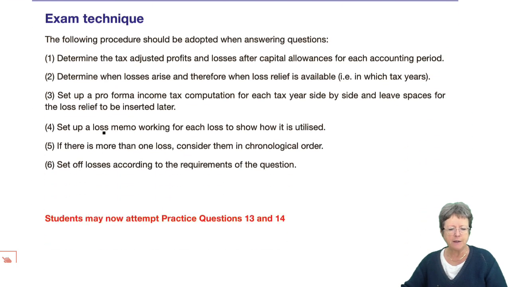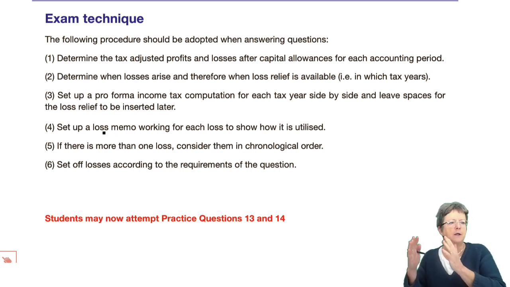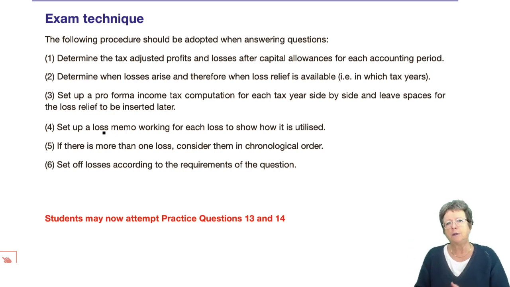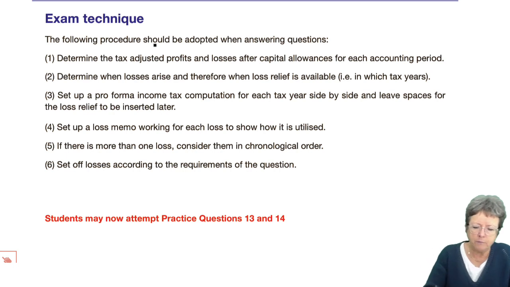So, exam technique. Just to end this chapter, we've done this before, but I really want to make sure that you're happy with the way that you do losses. As long as you deal with losses slowly, logically, progressively, you will be able to deal with them and get maximum marks. So stage 1, step 1 was to adjust any profits or losses.